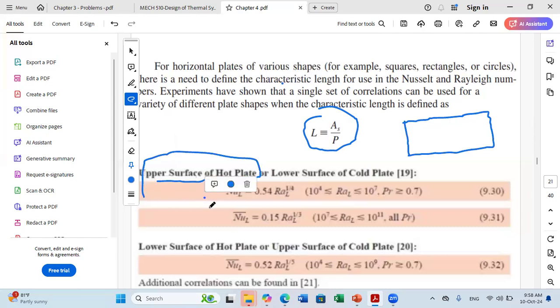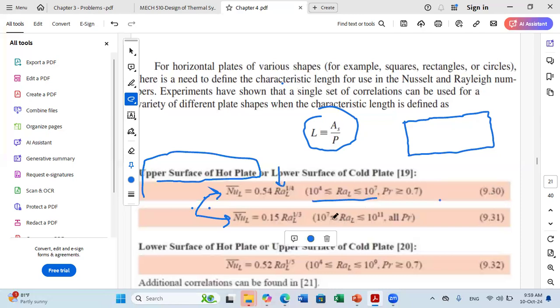these are the formulas that you can use depending on the value of Rayleigh. We should calculate Rayleigh, then depending on its value, we use this formula or we use this one. For the upper plate, you have the choice between these two empirical relations. To know which one to use, you calculate the Rayleigh number. If the Rayleigh that you calculate is between 10^4 and 10^7, and Prandtl number larger than 0.7, you use this formula.